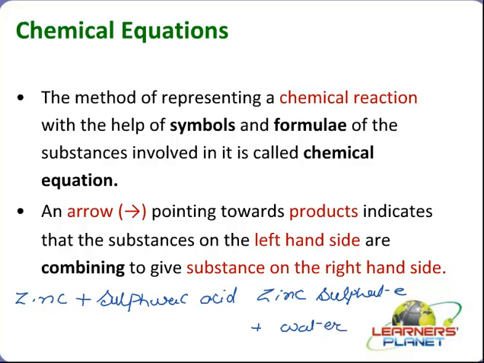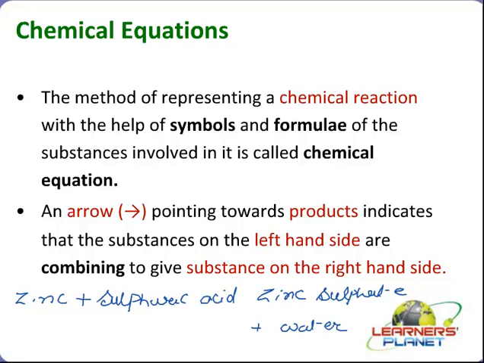Now students, what are the substances on the left hand side? This is zinc and sulfuric acid. What are the substances on the right hand side? Zinc sulfate and water. So what we can do here is, we can just put an arrow in between.